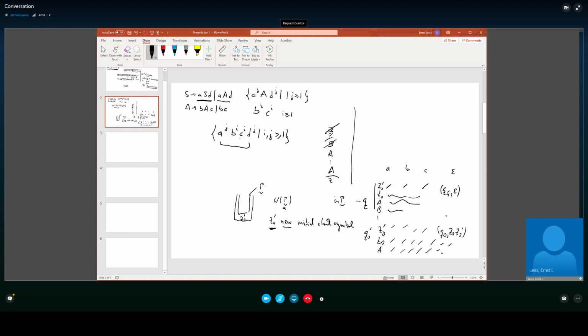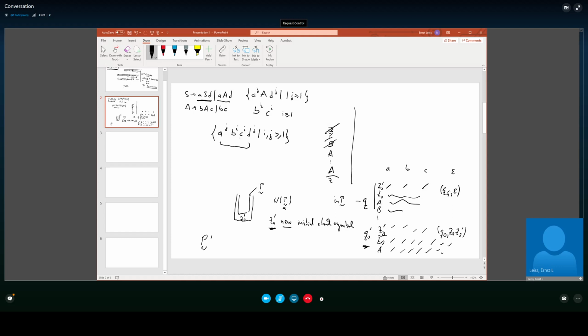So we're in P prime. In P prime, we have Q0 prime as initial state. We have Z0 prime as the initial stack symbol. And so we now transition into Q0, the initial state of P, and we put Z0 on top of the Z0 prime.